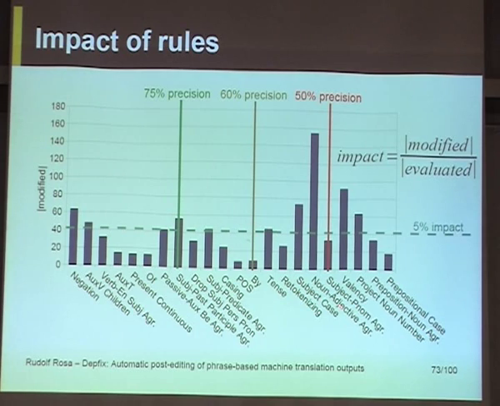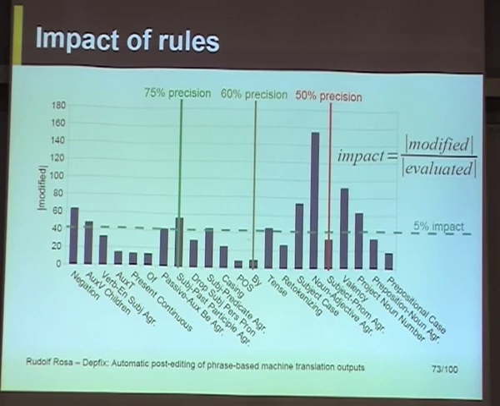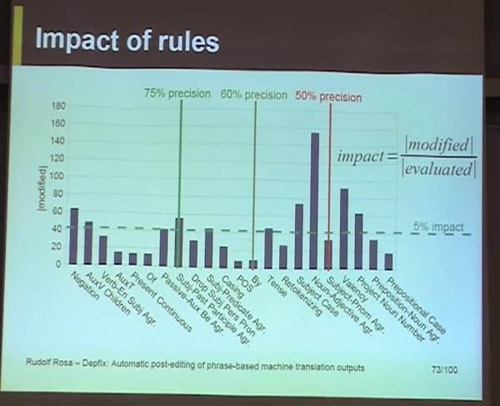And we can see that the noun-adjective agreement rule has the largest impact, because nouns are the most common word type, and adjectives are, I don't know, second or first. So it's very common that this can get fixed, because the noun-adjective pairs are very common in the data.